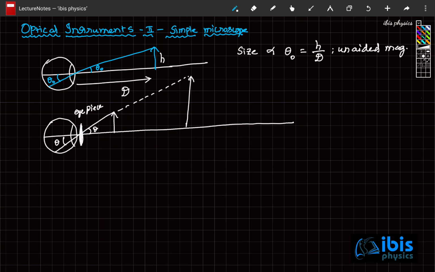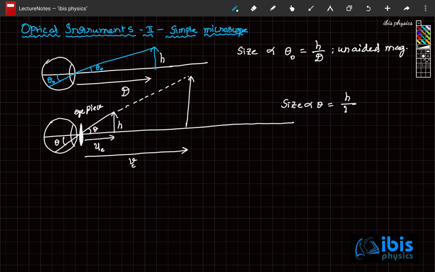From the lens, the object is at a distance u. Since it is the eyepiece, let's say ue. The image is formed here at a distance v, so we call it ve. Now the size as perceived by the eye is proportional to theta, which for the same height object at a distance u is h by ue.